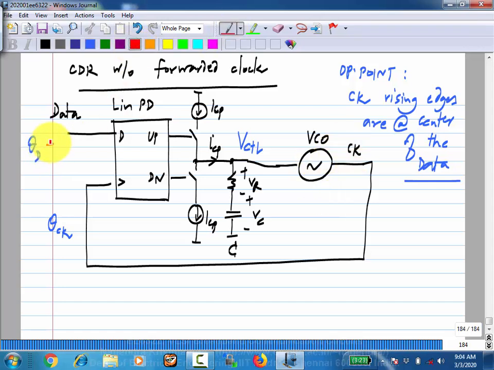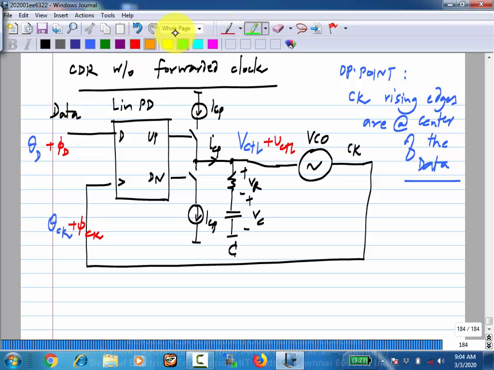Now, if you apply a phase increment to data, it will in general result in some increment in the control voltage and some increment in the clock phase. In fact, you hope that the increment in the clock phase will be exactly same as the data so that the clock edge stays in the middle of the data period. Of course, that may or may not happen.